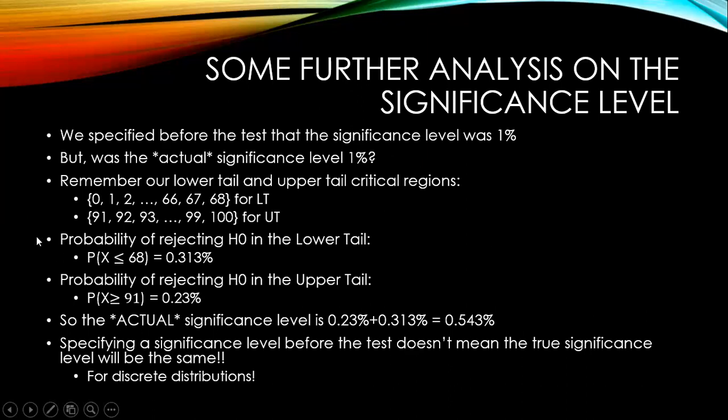Okay, so these binomial probabilities of rejecting H0 are not going to add up precisely to 1%, just because the likelihood of that is virtually zero with a discrete distribution.